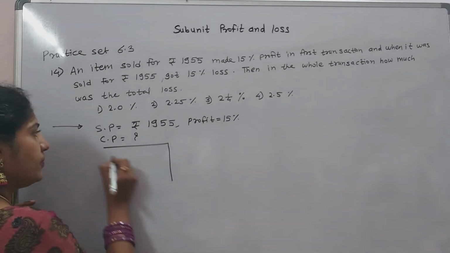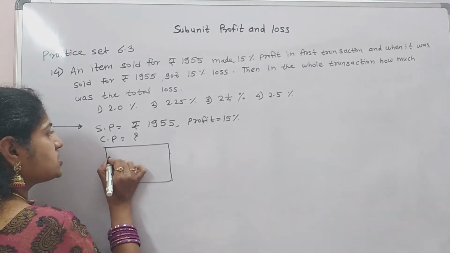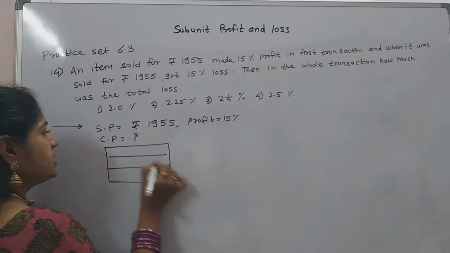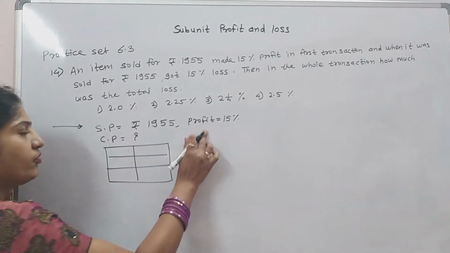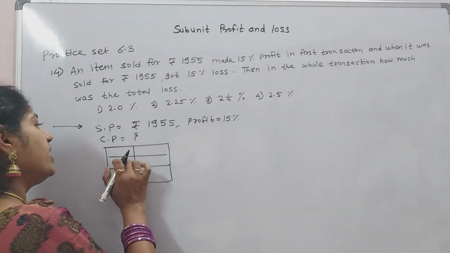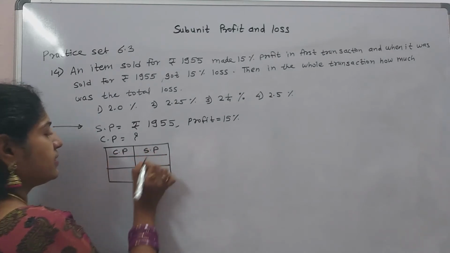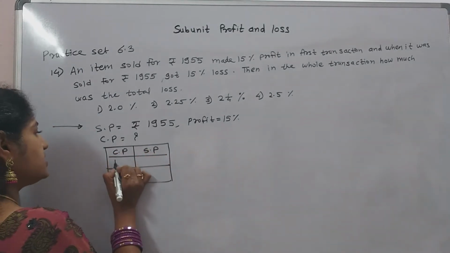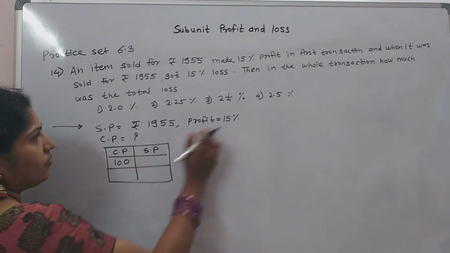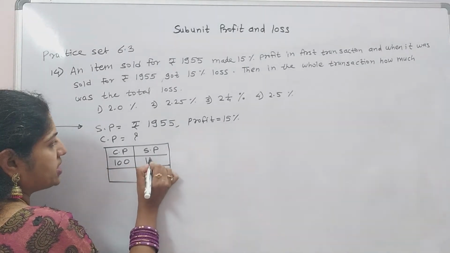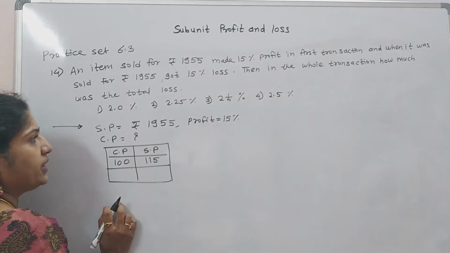Make a table. When cost price, selling price and profit or loss are given, then make the table. Cost price and here is the selling price. Suppose 100 is cost price, profit is 15, so selling price is 115.